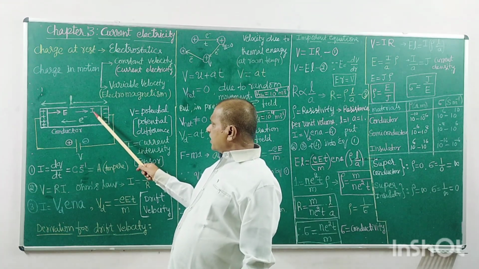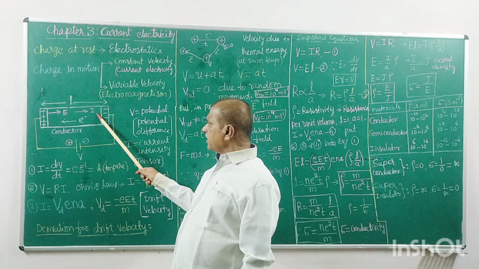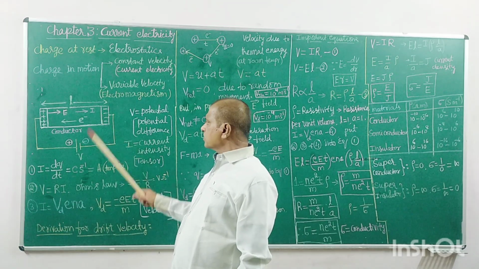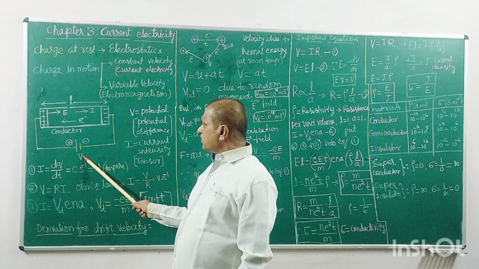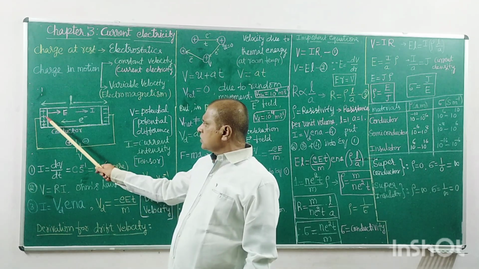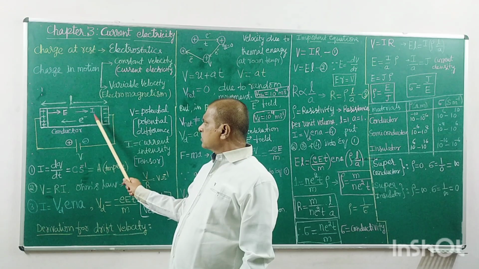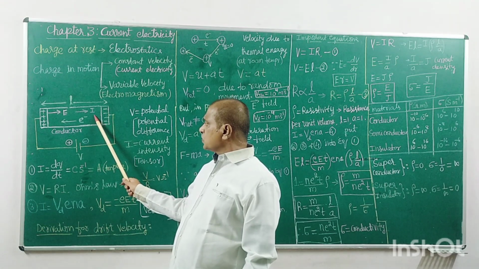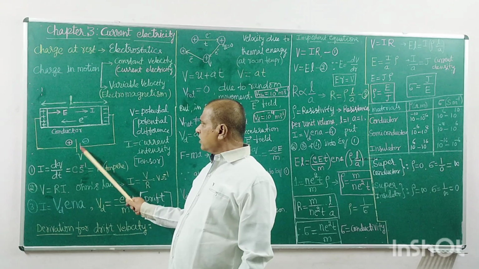So let us talk more about this electric current. I is the symbol for electric current. When I apply this potential difference between these two ends, across the length of the conductor, this amount of electricity produced is the intensity of the electric current, V and I.